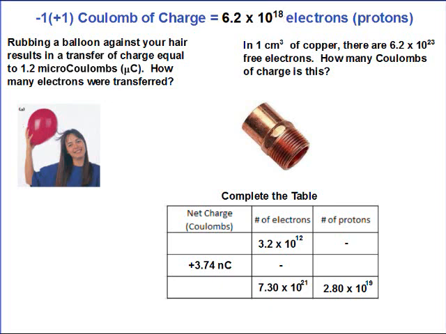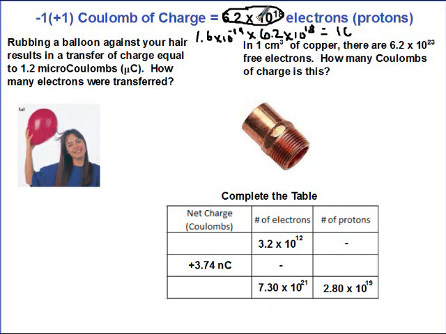Since 1 electron has a charge of 1.6 times 10 to the negative 19 coulombs, I'd need this many electrons in order for that to equal 1 coulomb of charge. So it's really just saying I need that many of these charges to equal 1 coulomb.